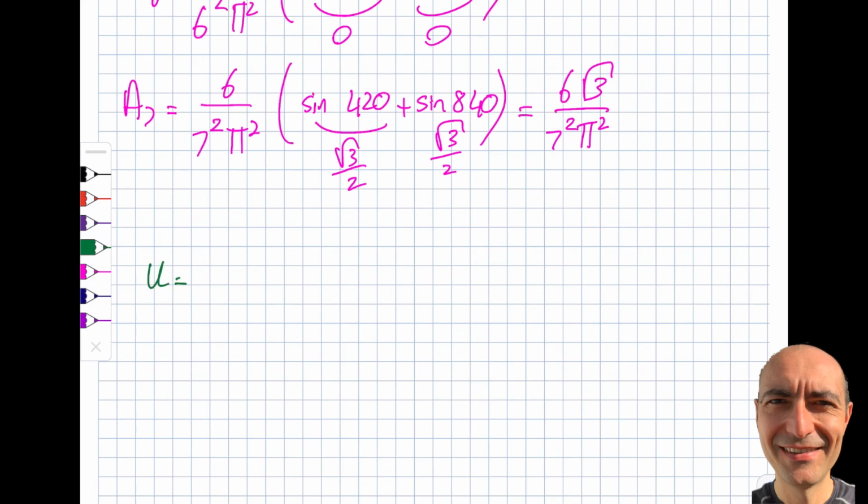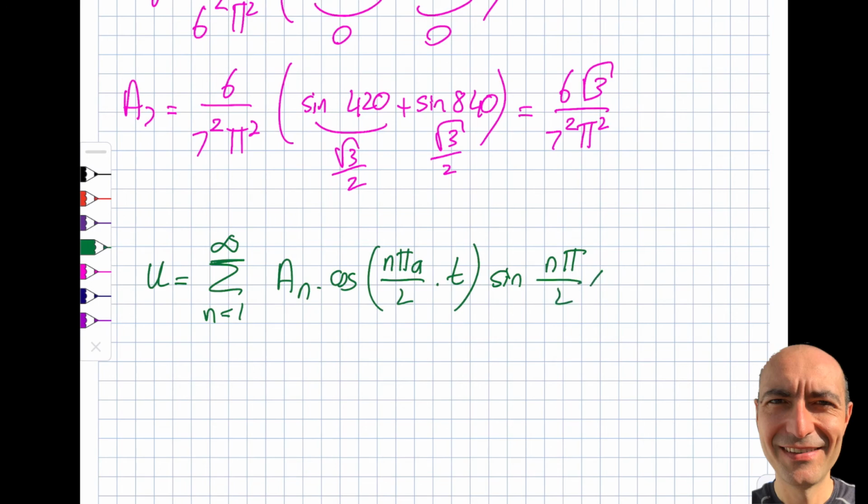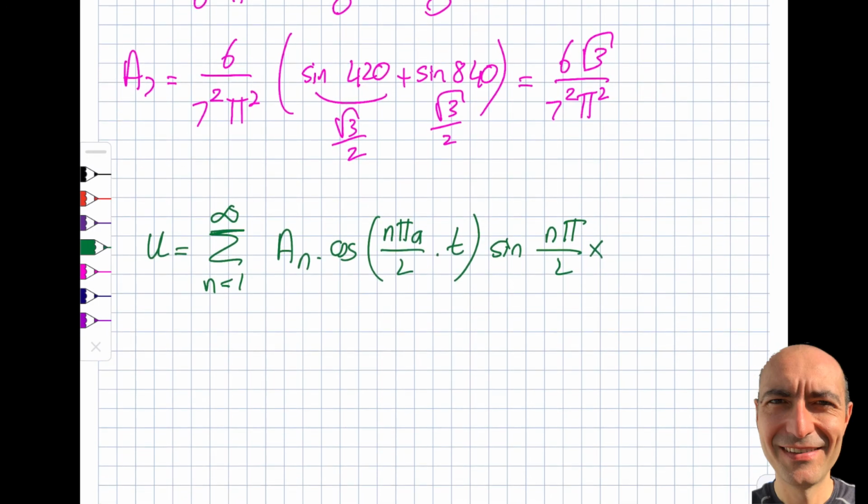So let's write u equal to the sum from n equals 1 to infinity of an cosine of n pi a by l times t, and sine, remember bn is 0, n pi by l x, okay? And I have an over there, so I want to write it this way. So, 6 square root of 3 by pi squared.